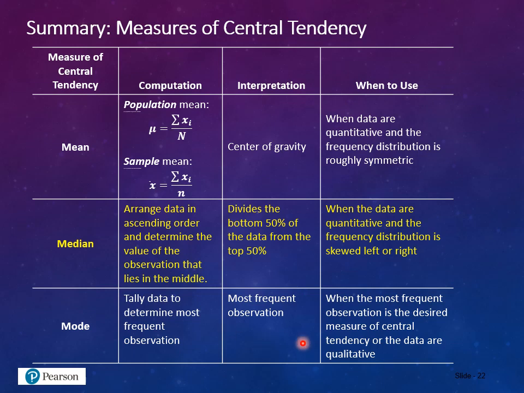It's the most frequent observation or response. We use this when the most frequent observation is the desired measure of central tendency, or the data is qualitative. So we use this when we have qualitative data, or if it is actually kind of relative, that more people are picking that, or more observations are that one. Okay?